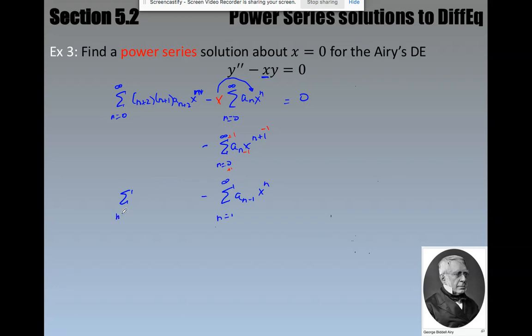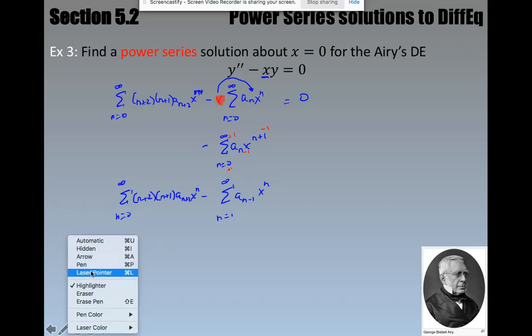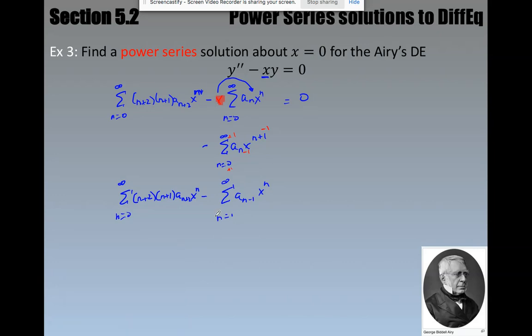Remember, we haven't had to deal with this before, because every time we fixed an x to the n, the index just automatically got fixed with it. So this is a new situation. Not only did I have to deal with that x in front, but now I also have to deal with the fact that my index isn't the same, and I don't want to shift this index back down, because that's going to mess with the x's.